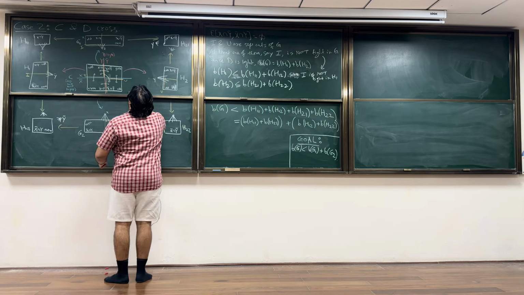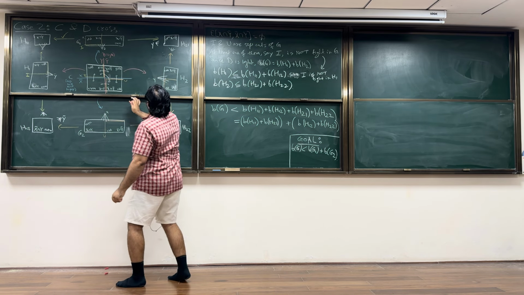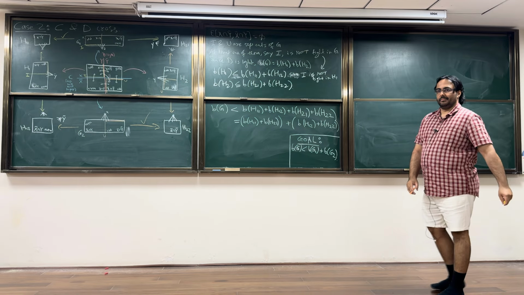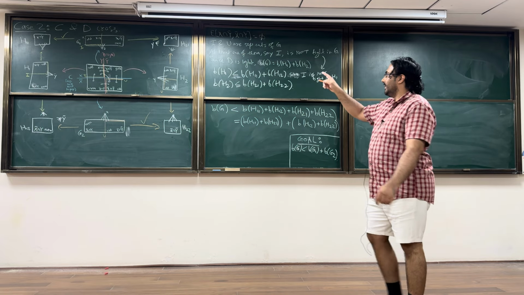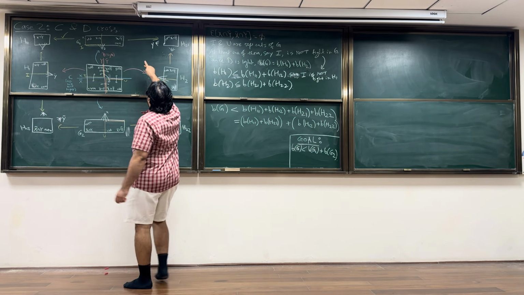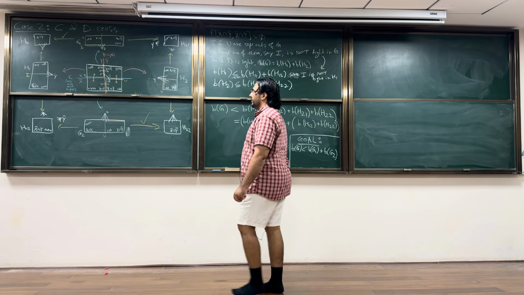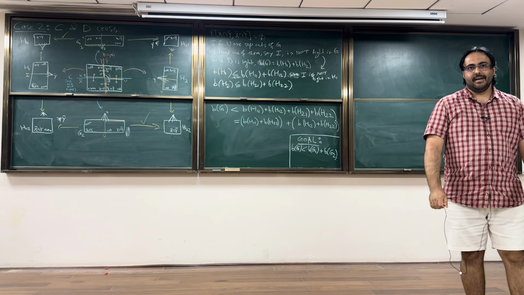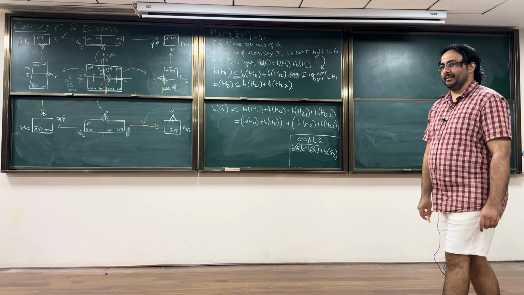This is fine and this is fine. What about the other two? Are the other two arrows, is this one valid? Is this one valid? Have we done something similar before?